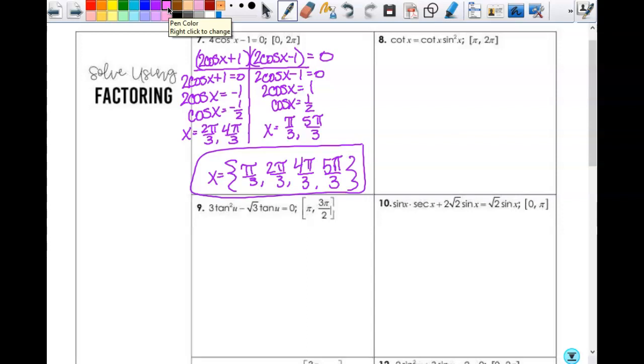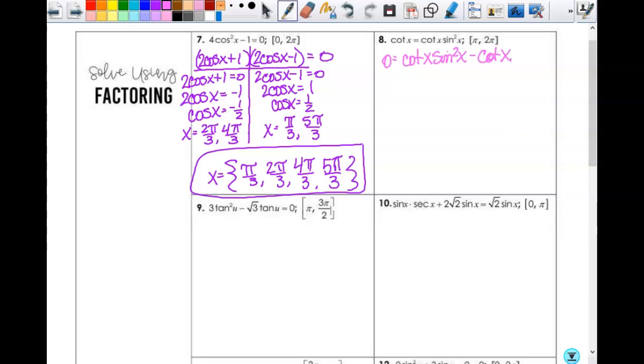All right. So let's look at number 8. I've got cotangent x equals cotangent x times sine squared x. So I have a quadratic. I clearly want to get everything to one side of the equal sign, so I'm going to move this over to the right. So we get 0 equals cotangent x times sine squared x minus cotangent x. So what can I do next?